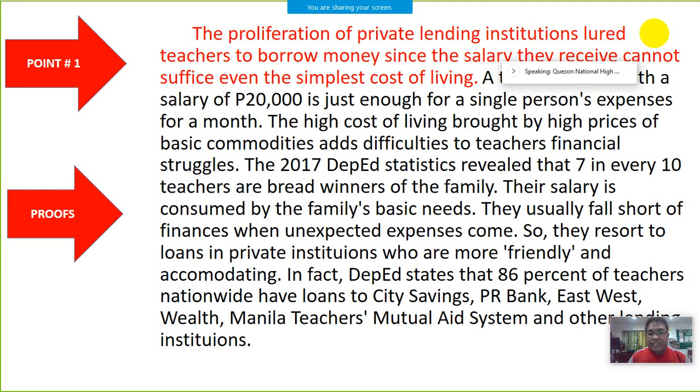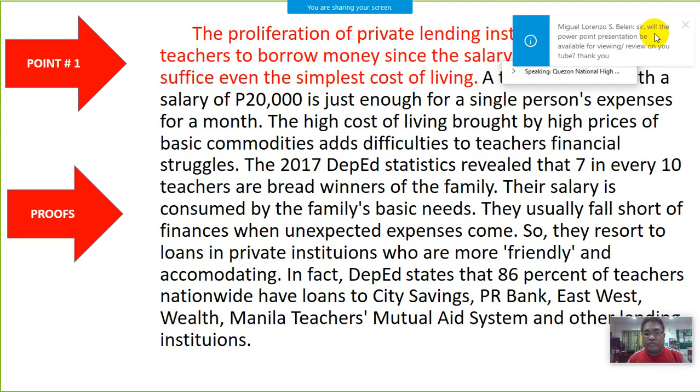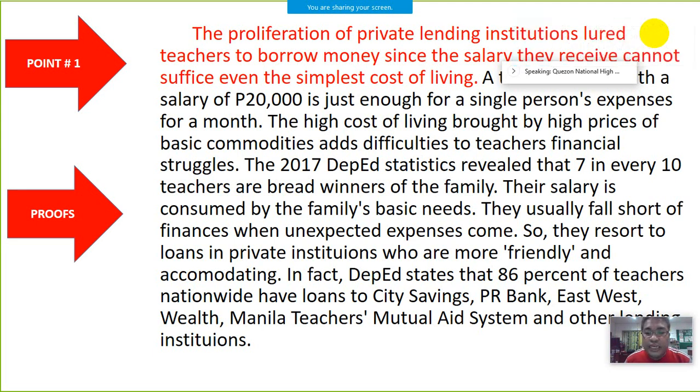The 2017 DepEd statistic revealed that 7 in every 10 teachers are breadwinners of the family. Their salary is consumed by their family's basic needs. They usually fall short of finances when unexpected expenses come. So they resort to loans in private institutions who are more friendly and accommodating. In fact, DepEd states that 86% of teachers nationwide have loans to City Savings, PR Bank, SWest, Manila Teachers Mutual, and other lending institutions.